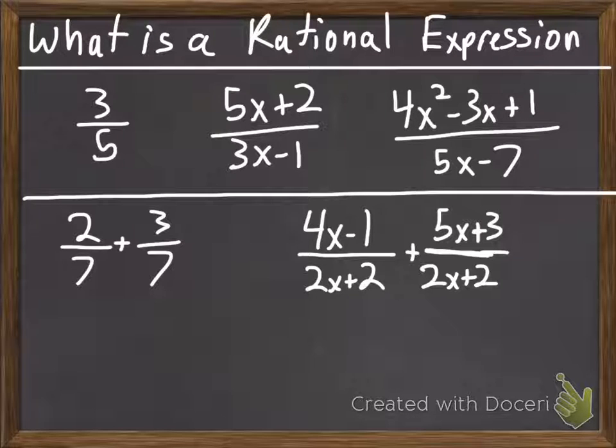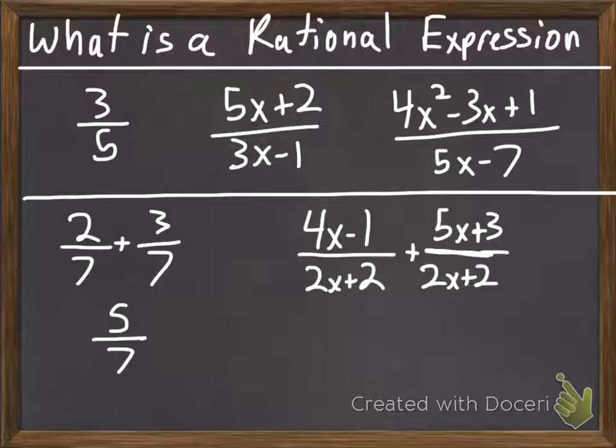So, if we look below that line, you see we have 2 over 7 plus 3 over 7. Now we know from our math knowledge that we can add these because they have a common denominator. 2 plus 3 is 5, and that denominator stays the same. It does not change. We do not add the denominators.